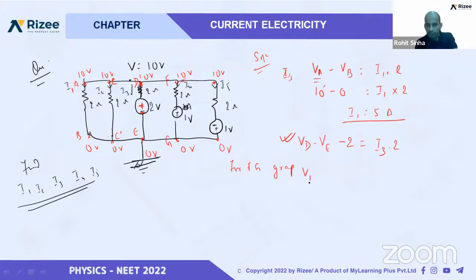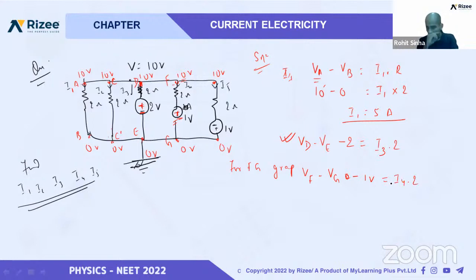I can write VF minus VG is equal to, and there is also one potential, and its plus sign is along the high voltage and minus sign is along the low voltage. So it will be written here also: minus 1 volt is equal to I4 into 2 ohm.